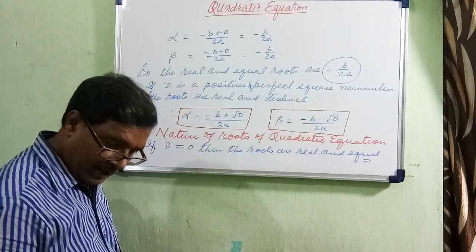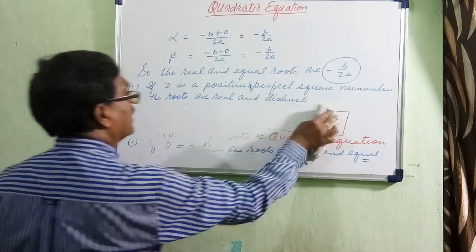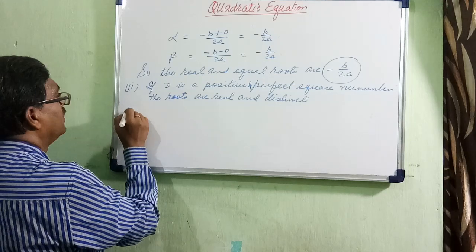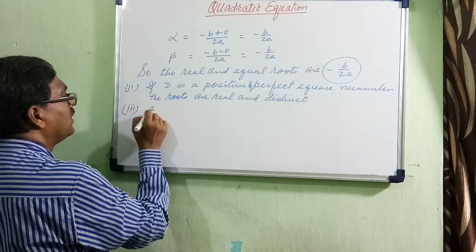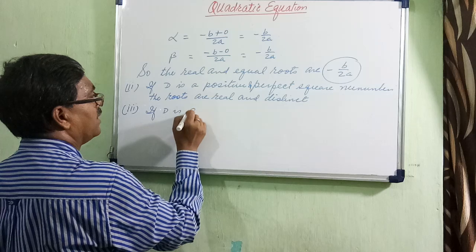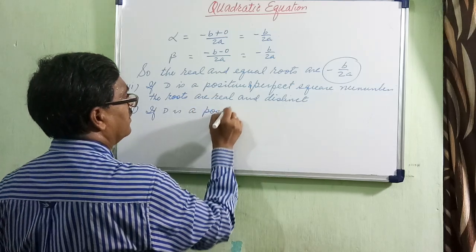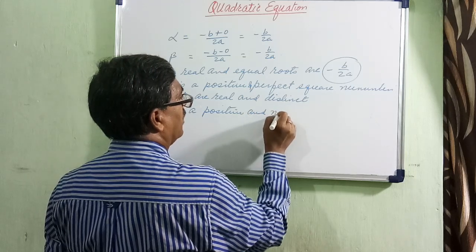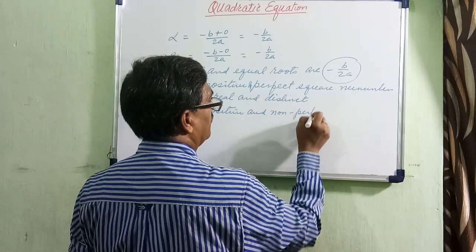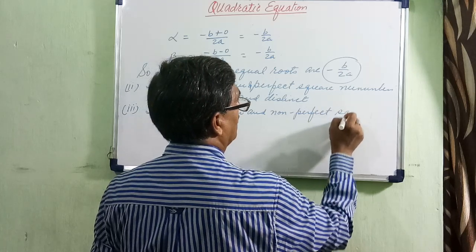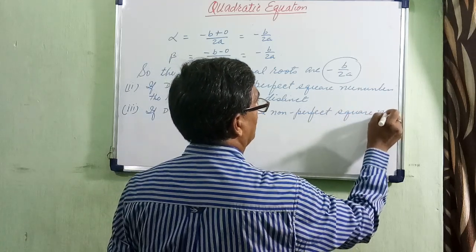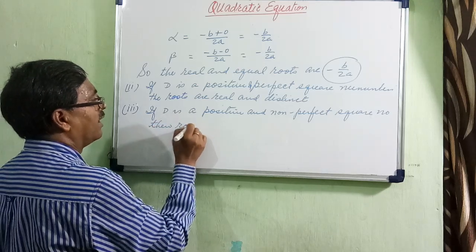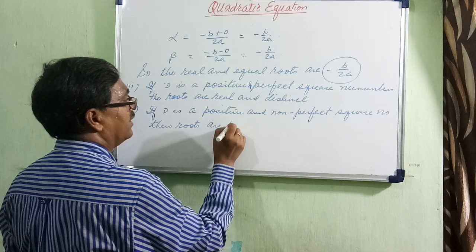Now, another case, third: if D is a positive and non-perfect square number, then the roots are real.